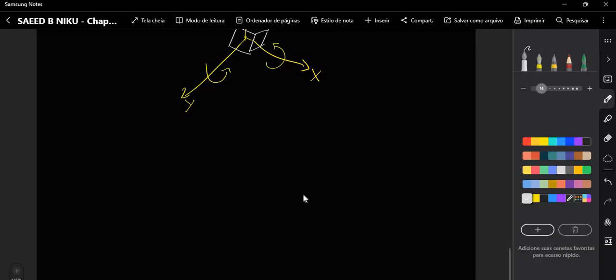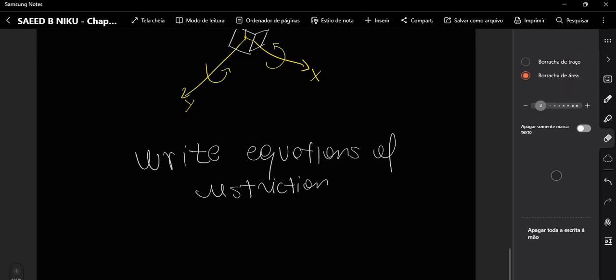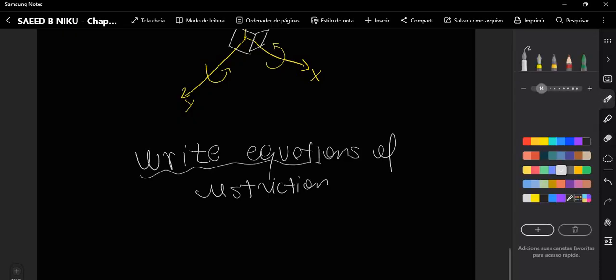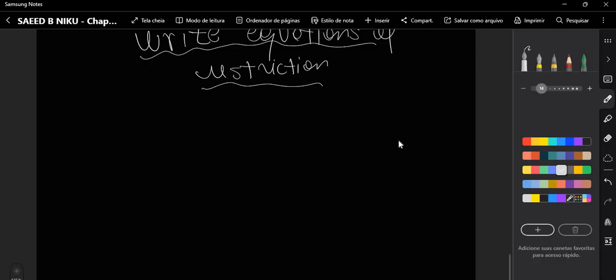So what we need to do is write equations of restriction, based on what we know about this referential.